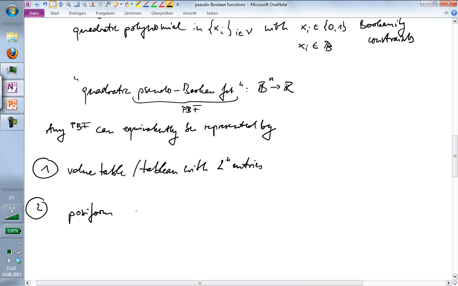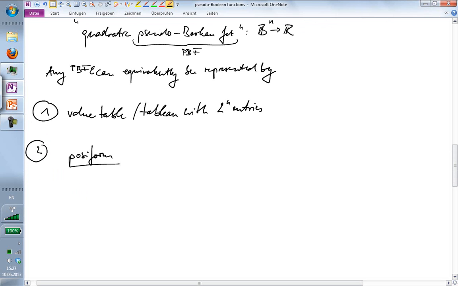In this case, the energy, so let me call this pseudo Boolean function E. In the posiform, E is written as a constant term, plus a linear term, plus a quadratic. I'll say in a moment what these U's are.